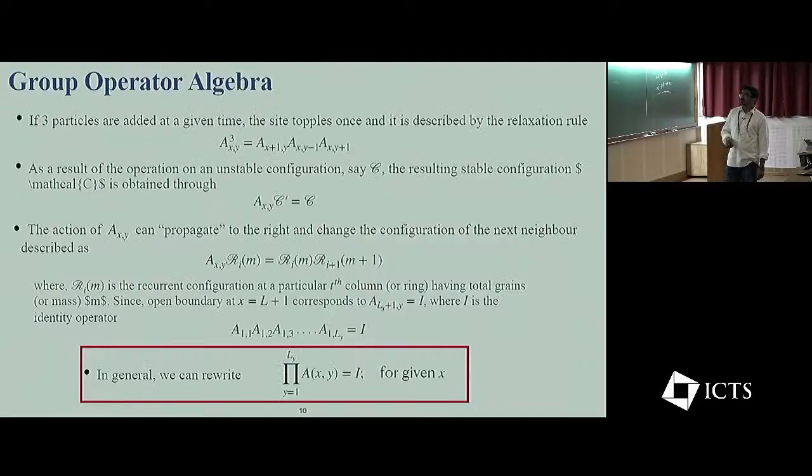Out of these states, after the transient time, some states are not allowed and only these states are allowed. Here there is a group operator: if we put 3 grains at a particular point, it will topple. If there is some configuration C', and we apply the operator x_y, then we get another steady state. Each time we apply this operator at a particular ring, the mass of the next ring will increase by 1.